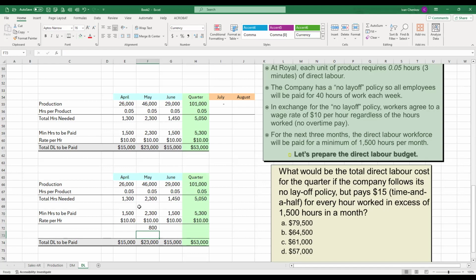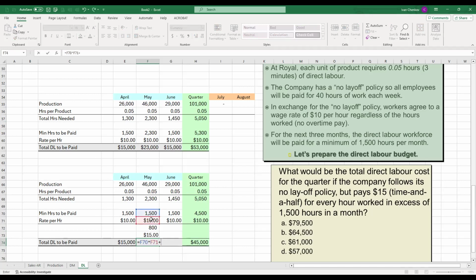The other way to look at it is to eliminate the 1,500, pay them $10, see how much is the total cost, 45,000. For the remaining 800, pay them $15 per hour. So that will be equal to this one times that one plus this one times that one. Now we have to put the brackets, otherwise it's not gonna work.